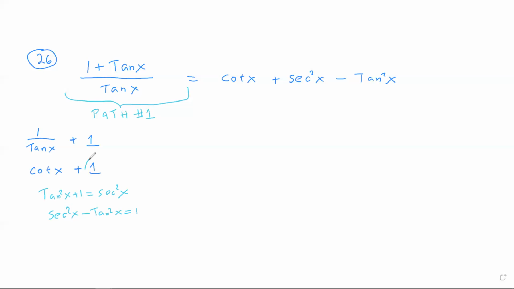So this 1 here is the same as having this, and therefore this is equal to cotangent of x plus secant squared of x minus tangent squared of x, which is exactly what we have on the right-hand side.